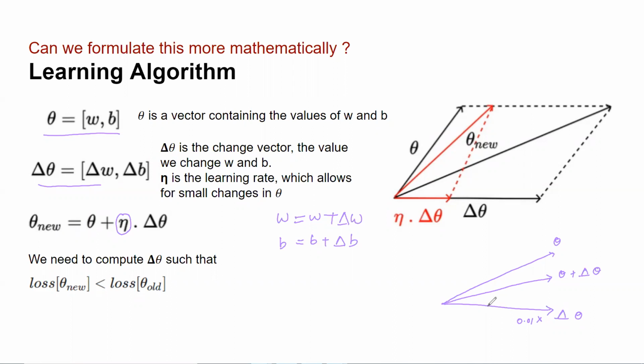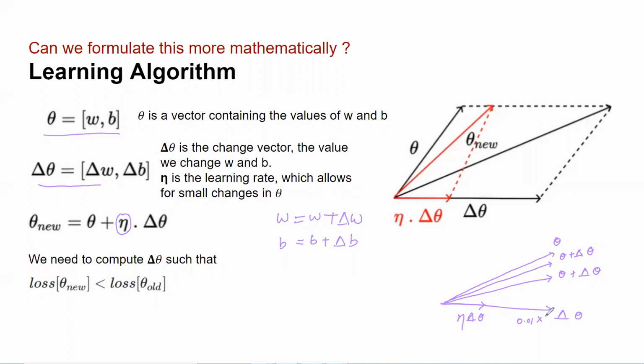Then the shift in the resultant vector will be more toward your theta. The resultant will also be an incremental, small change. This will shift toward theta plus delta theta.